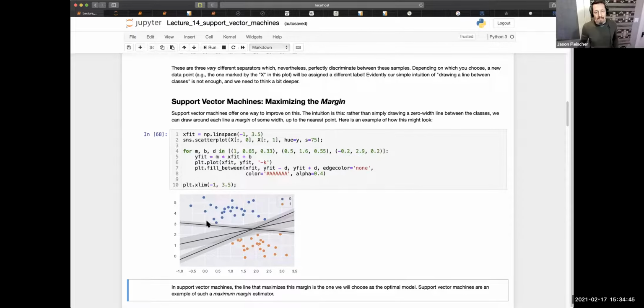So this bad decision boundary here has a very narrow margin because the distance perpendicular to the decision boundary is very small between these two points. That's just like the linear support vector machines you've already seen a couple of times now.